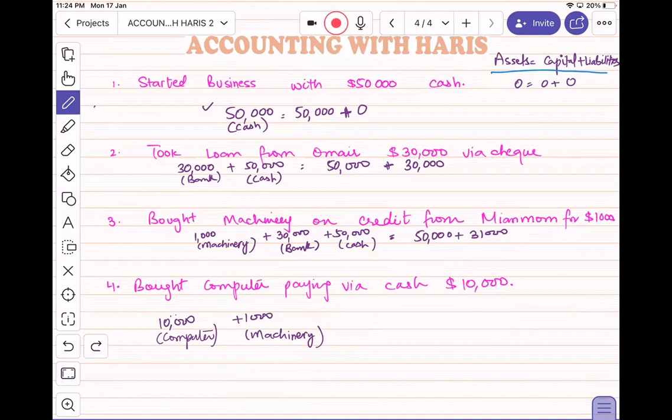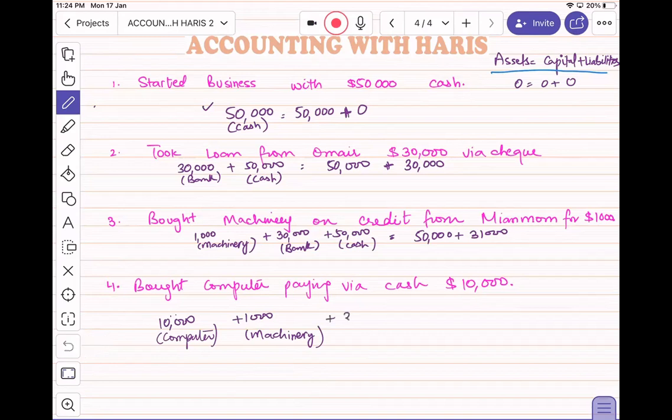So if you pay cash to someone, your cash would decrease, so your assets would decrease. And after paying this cash, you received a computer. Computer is also an asset for the business, and if the business receives a computer, assets would increase. So we can say the effects nullify, because you are sacrificing one asset in order to receive another asset.